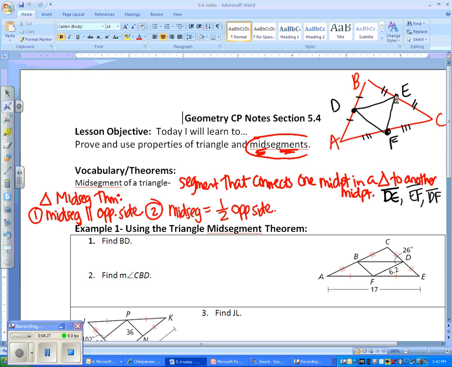So we have 3 midsegments, and together those 3 would be called a midsegment triangle. So if they draw all 3 for you, that's called a midsegment triangle. So this is your midsegment triangle. And there's something special that happens between the midsegment triangle and our original triangle ABC, but we'll talk about that later. Today we're just going to introduce and use properties of the midsegment.